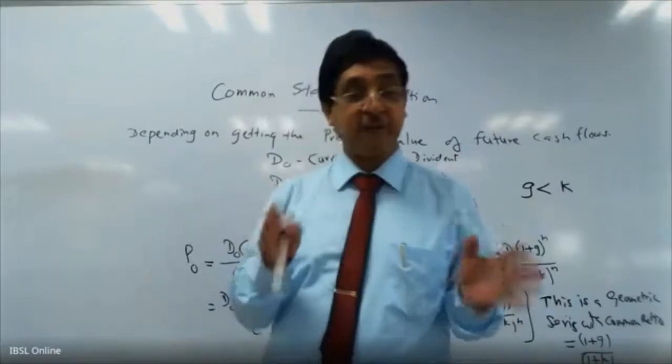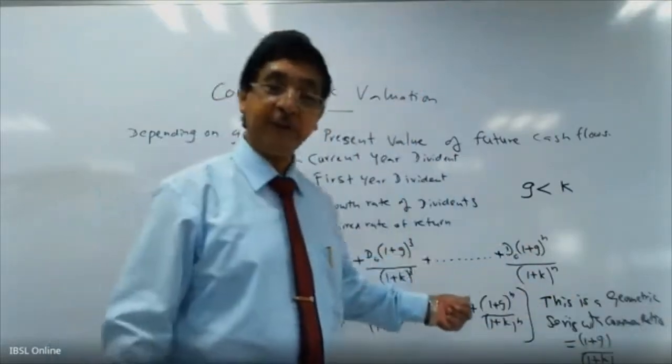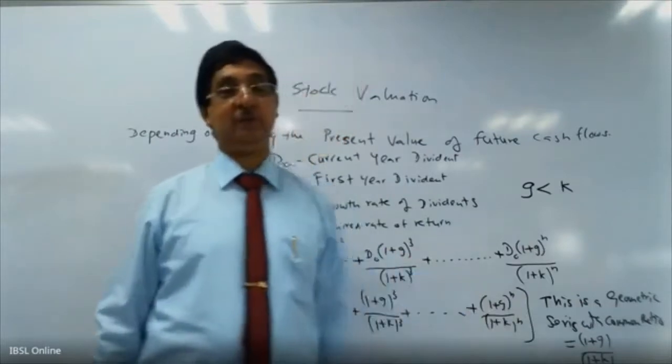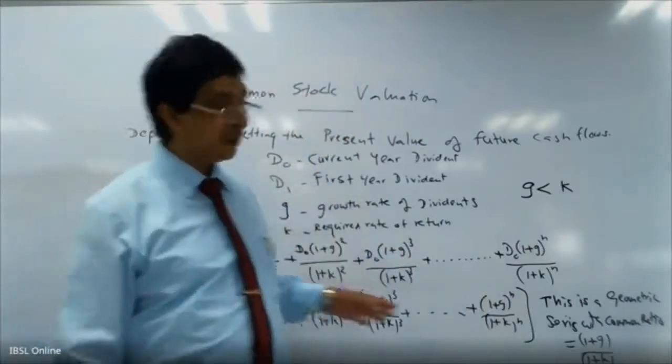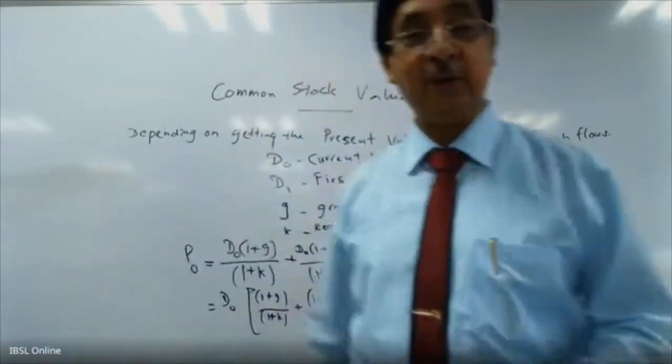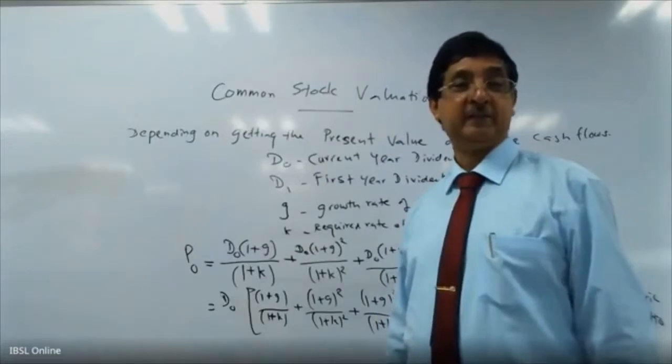If that is the situation, we can't follow this particular methodology to get the value of the stock. That is what you need to understand. There's another model called the two-stage model, so we have to apply that case.